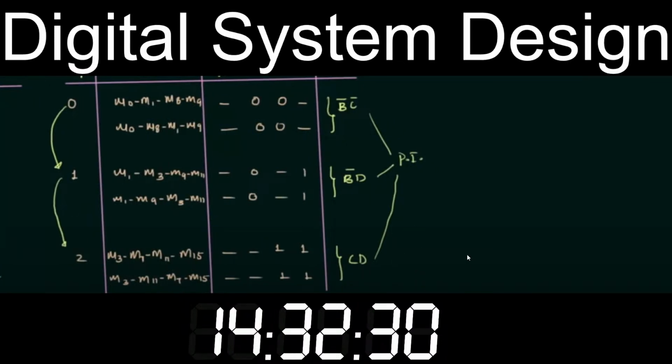So we are going to make the next table, and this is our prime implicant table.